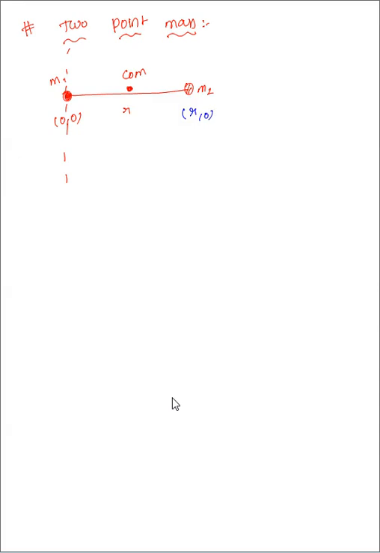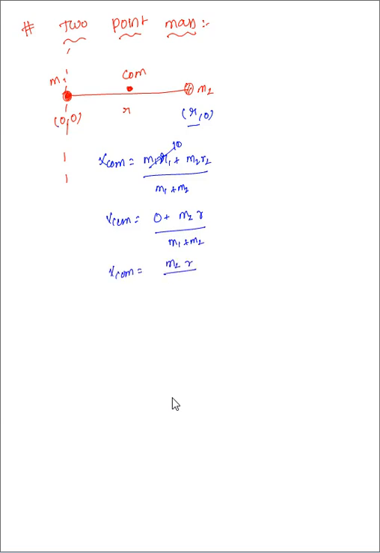Therefore XCOM equals m1x1 plus m2x2 divided by m1 plus m2. The value of x1 is 0, and in place of x2 we have r. Therefore XCOM equals m2r divided by m1 plus m2.